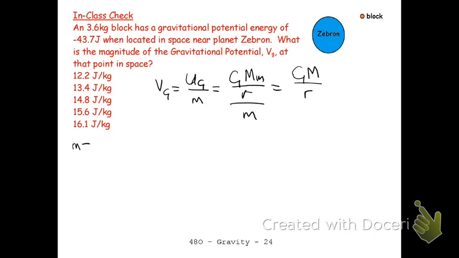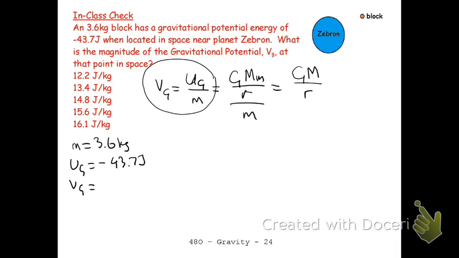So little m is equal to 3.6 kilograms, has a gravitational potential energy U_G equal to minus 43.7 joules. What is the magnitude of the potential V_G? I see. So I want to use that bit there.